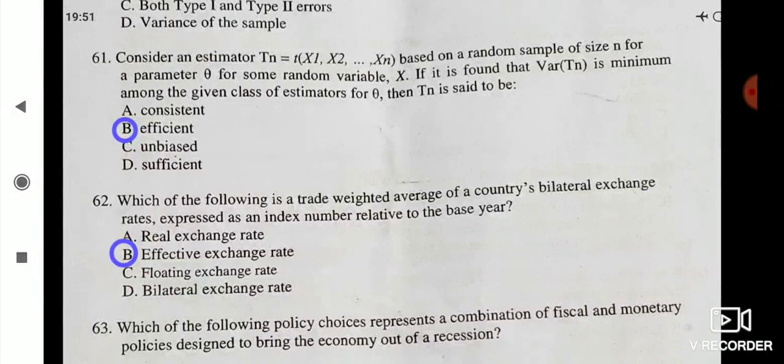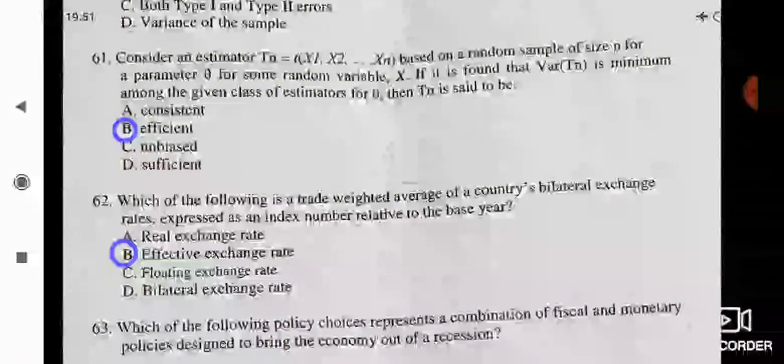And here, if variance of an estimator is minimum among all the given estimators, then that particular estimator is called efficient estimator, and here it is given in option B.